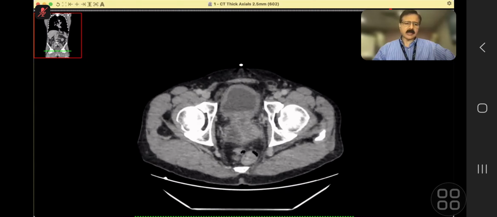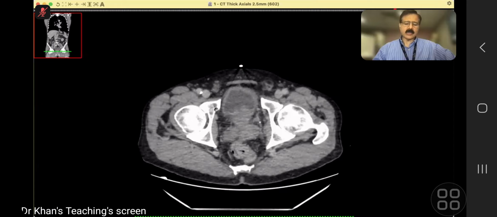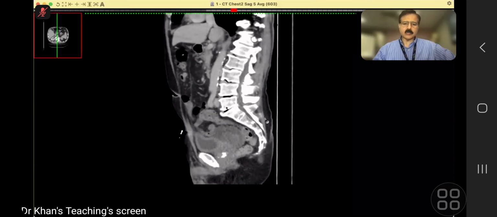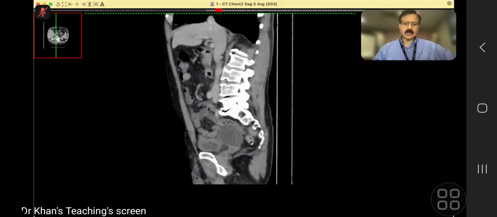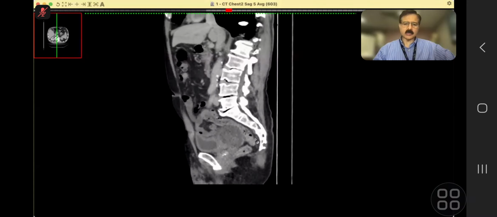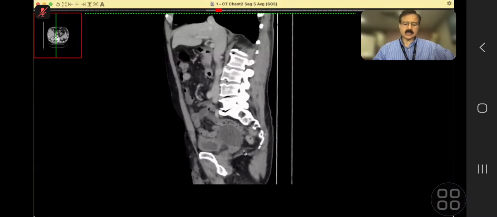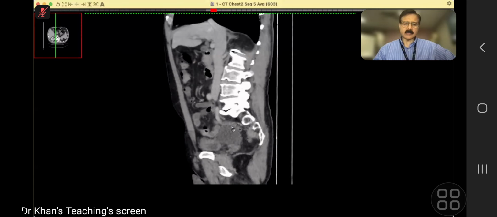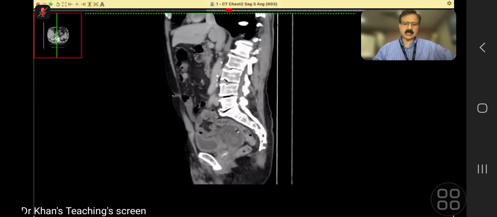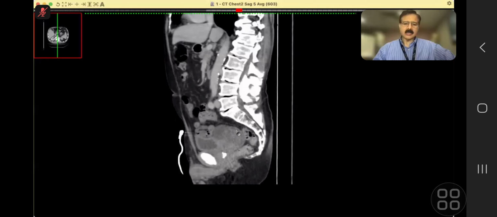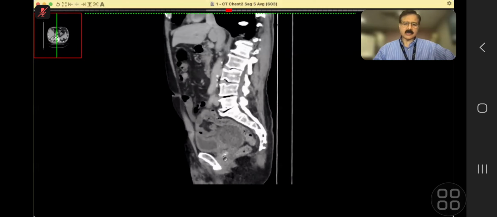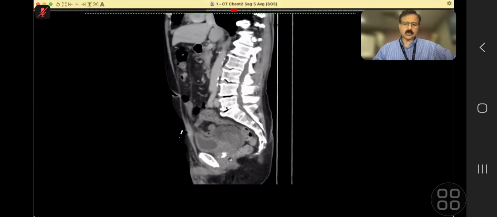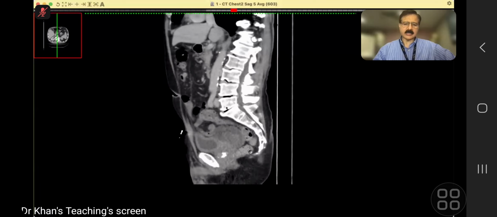Now, you did very well where you ruled out possibility of sigmoid tumor causing this, because the sigmoid colon and the rectum can be separately seen with it. So you mentioned that your final conclusion on this was that this is most probably prostatic, which is going superiorly like this.